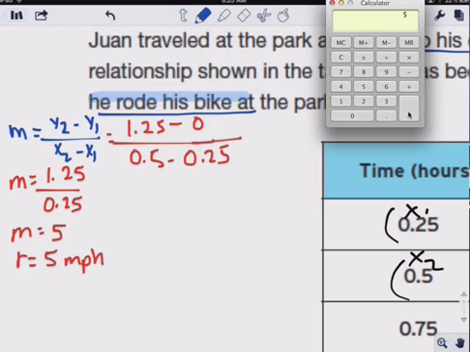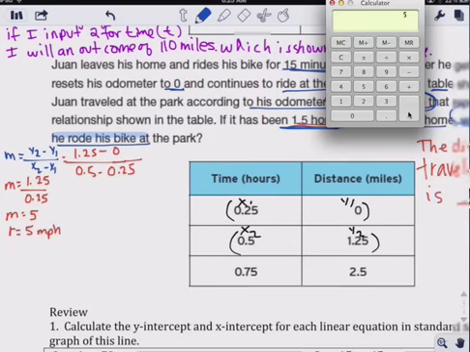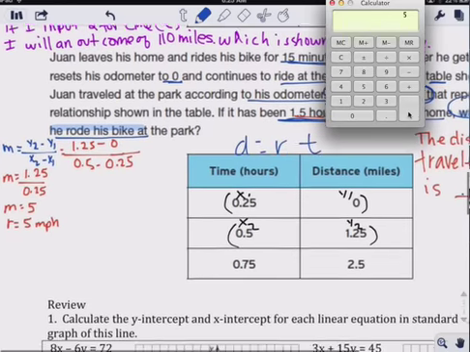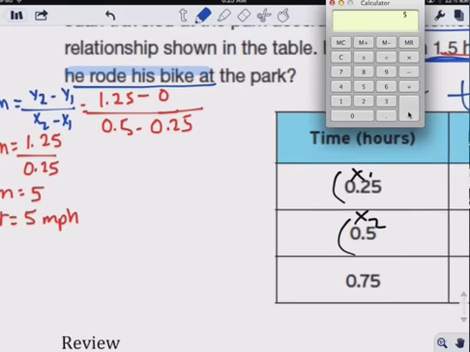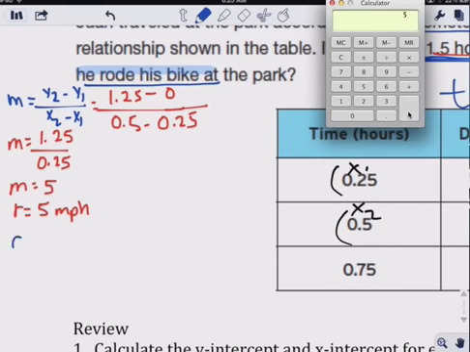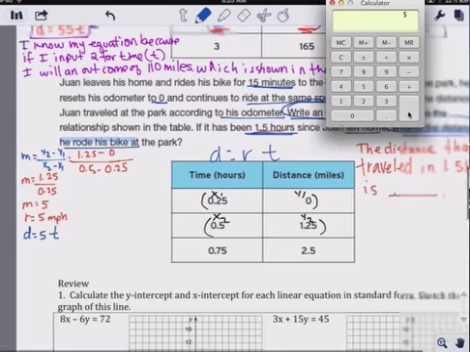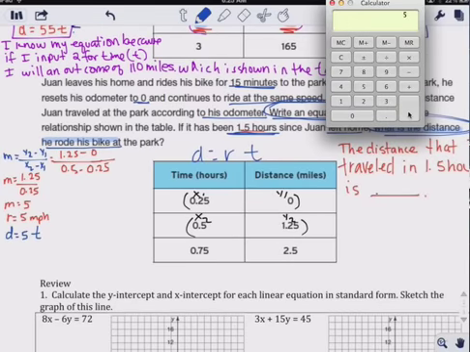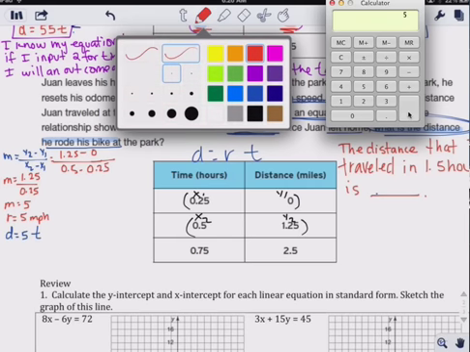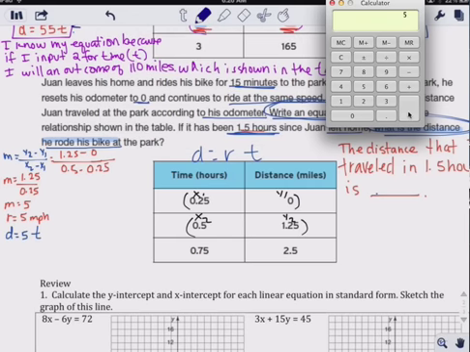Okay, so then you know distance equals rate times time. So d equals rate, which is 5, times time, which is t. So how do we know our answer is correct? Let's check. Doesn't look right to me, but we'll check and see, because some of you will stop right here.